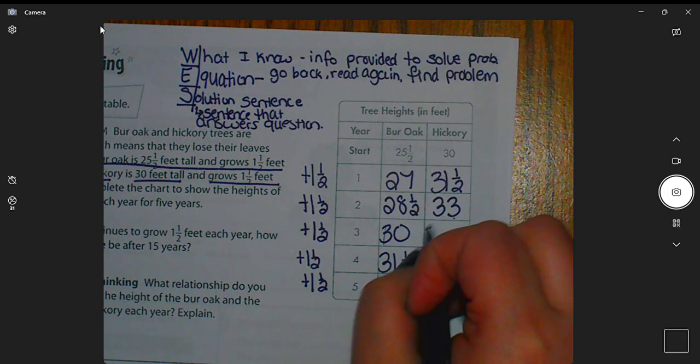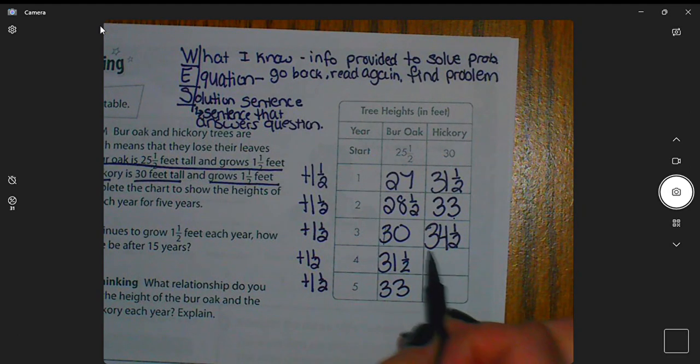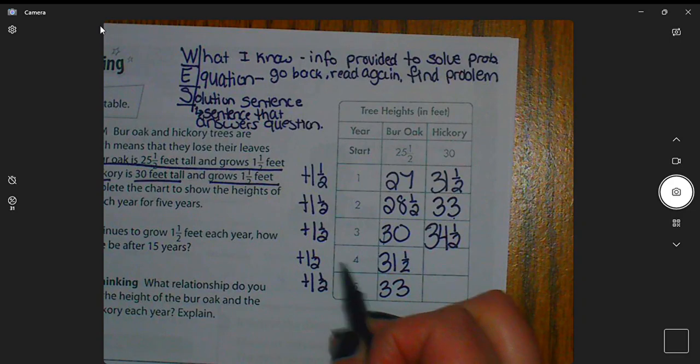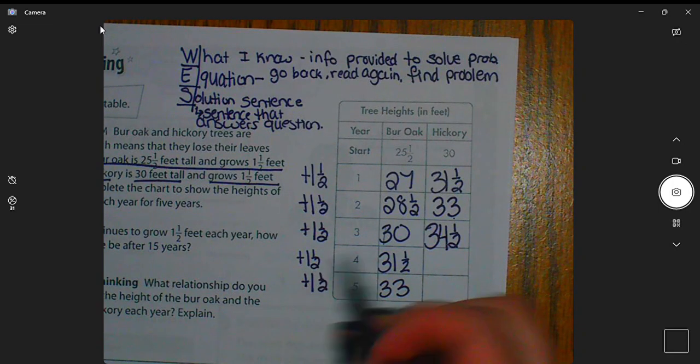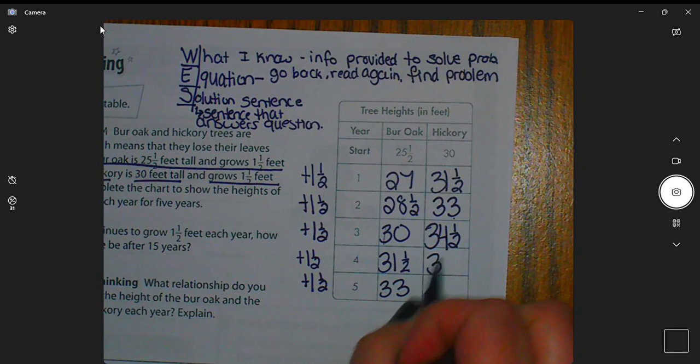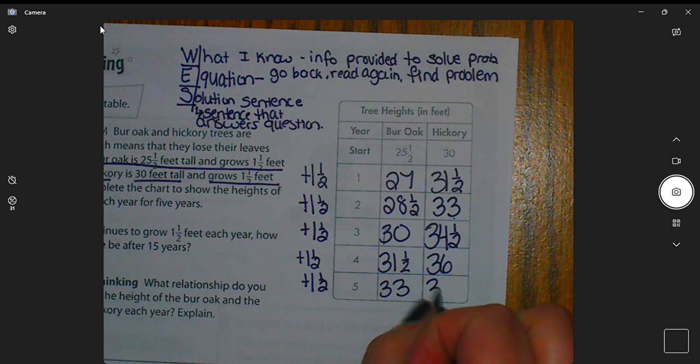Yes, it's 34.5. 34.5 plus half, right, plus 1. Yes. 36. 36 plus 1.5. Yes. 37.5.